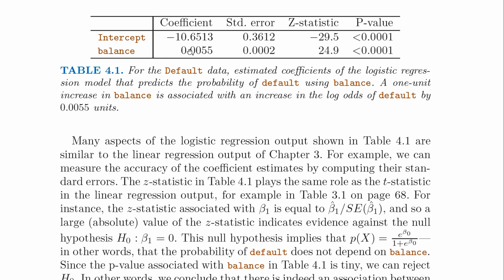Speaking of standard error, these are the figures for the balance, and you get such a large Z statistic. You don't need to know if this is large or small, forget about that. But the punchline is you get such a small p-value, way less than 1% or even 0.1%, that the usual mantra kicks in, where in unison we all state: if p is low, H naught must go.